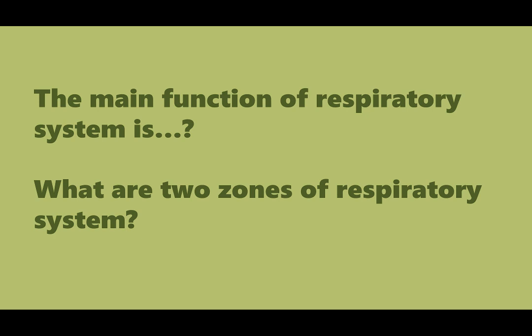Inhalation of oxygen and exhalation of carbon dioxide is basically what the respiratory system does for our bodies. And what are the two zones of the respiratory system? One is the conducting zone and the other is the respiratory zone. The conducting zone is not directly involved in gas exchange, but the respiratory zone is directly involved in gas exchange.